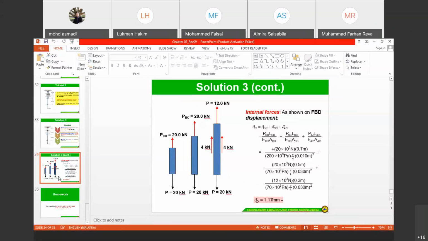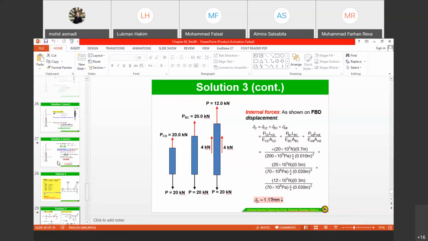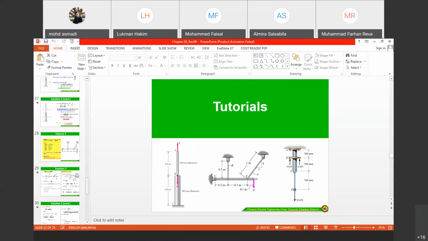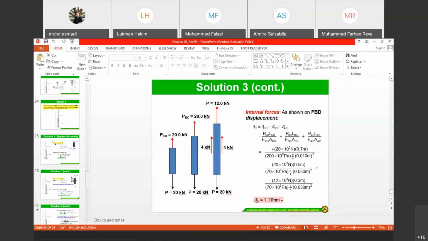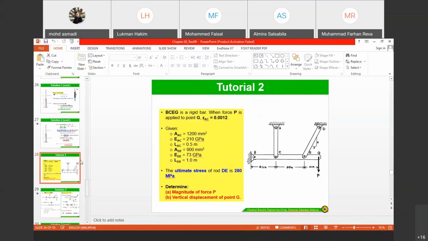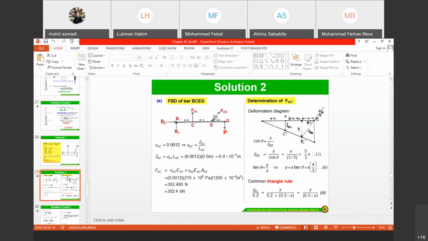Your task is to read tutorial 1 to 3. This is important, especially tutorial 2. If you don't understand, you can ask me in the next class. We can discuss, but you have to read first and do the tutorials for chapter 1 and chapter 2. I will provide them today after this class.